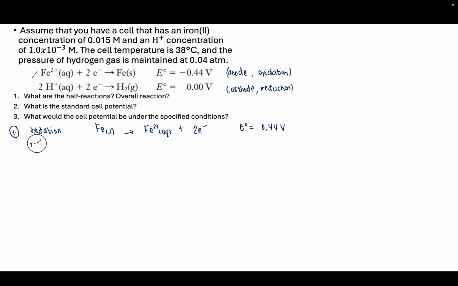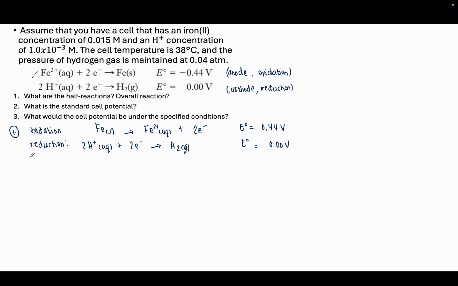And reduction, so we have here, copy the whole equation, forming hydrogen gas, and our standard is 0.